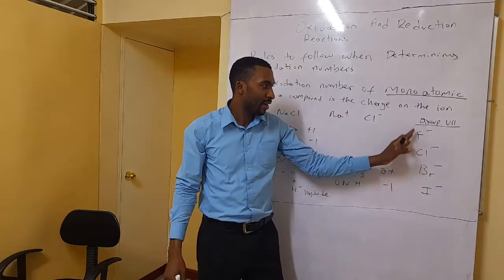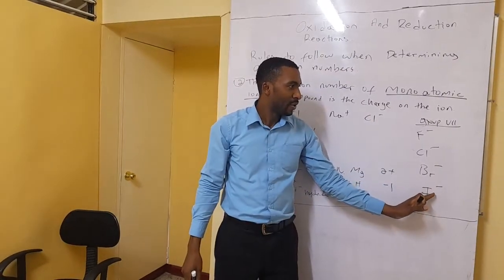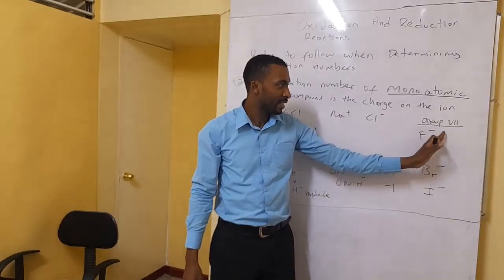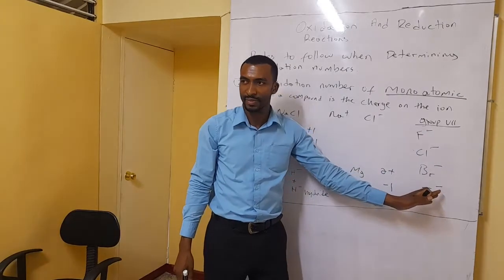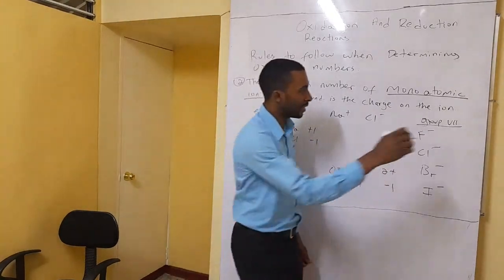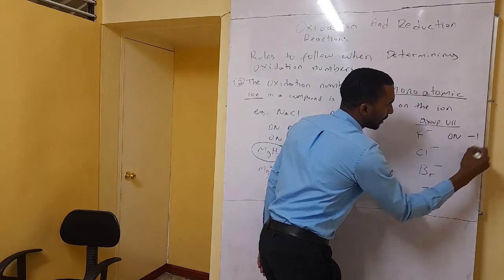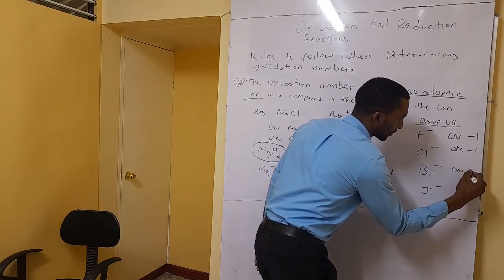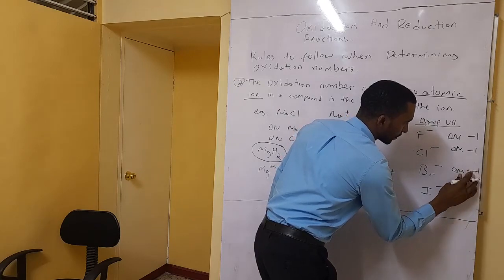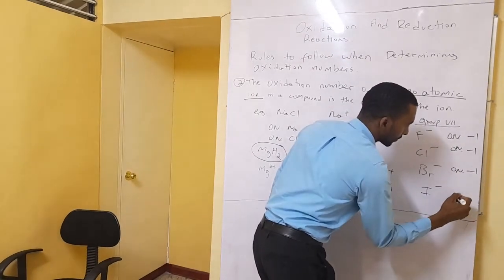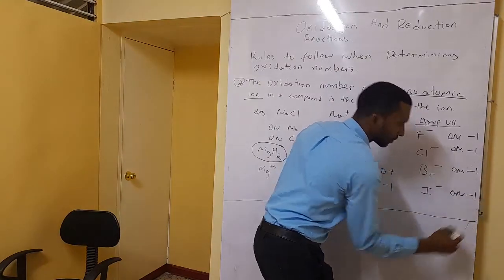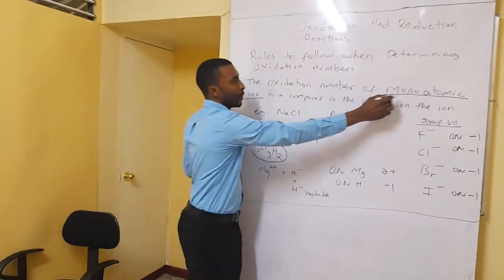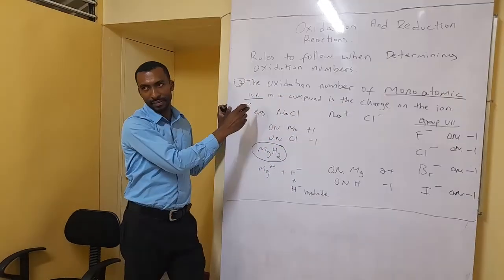You can see that these are all monoatomic anions, and anions are negatively charged. So the oxidation number of all these monoatomic ions would be -1. Following? Any questions? So those are monoatomic ions.